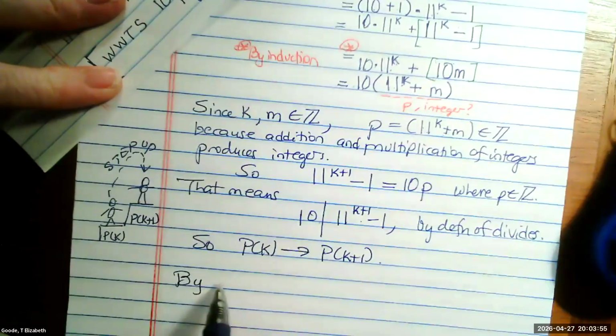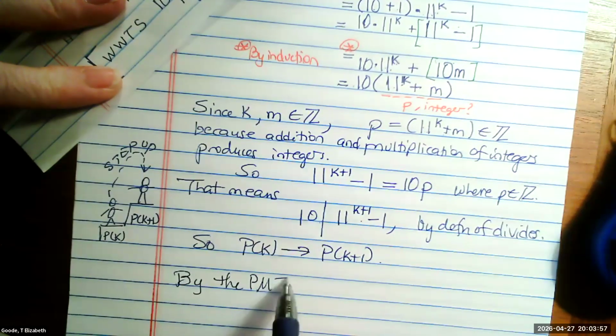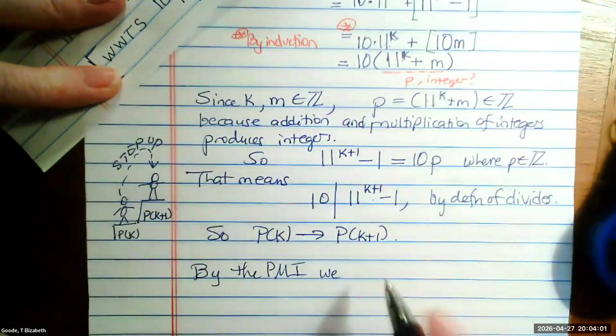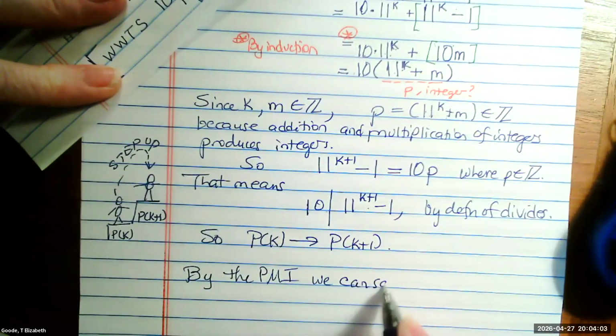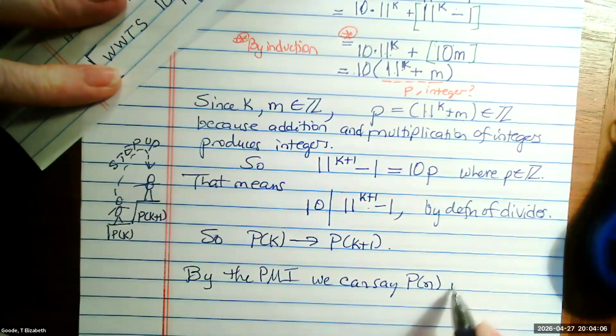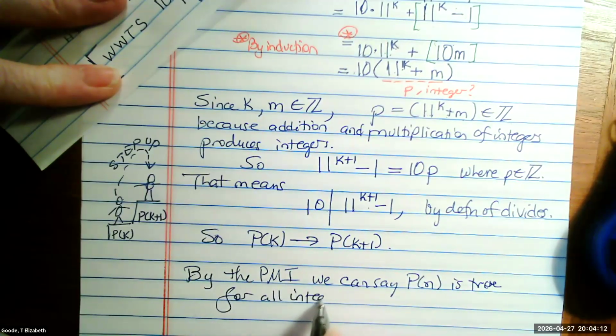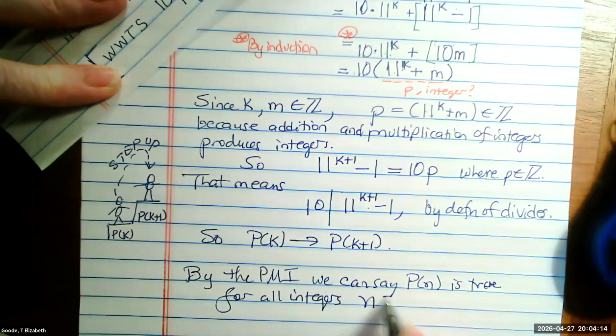By the PMI, by the principle of mathematical induction, now we know we can climb that staircase forever. So we can say P of n is true for all integers n greater than or equal to 0. So this goes to infinity.